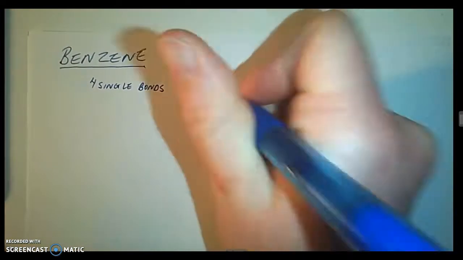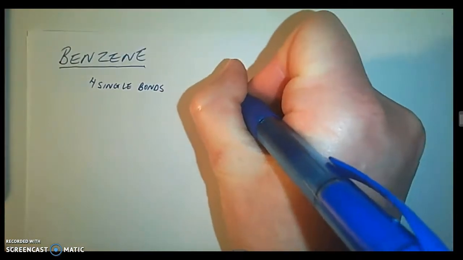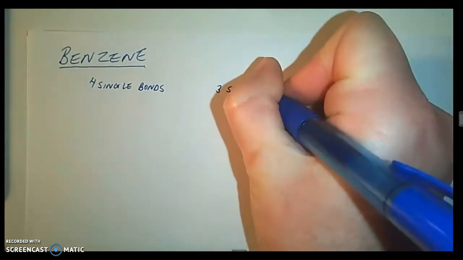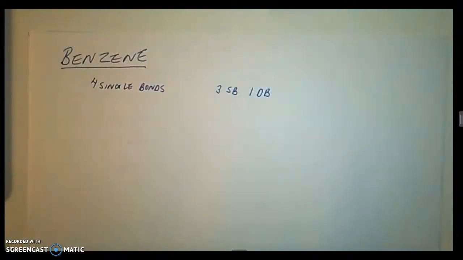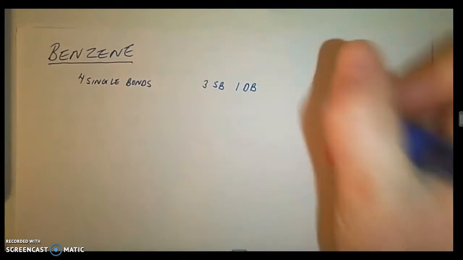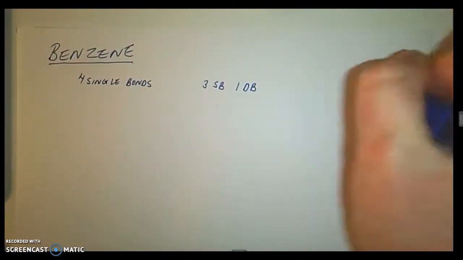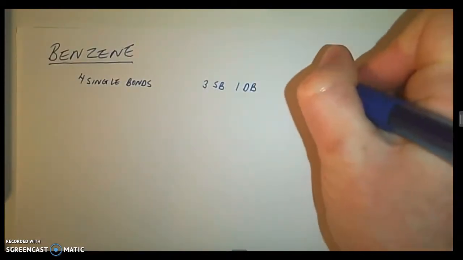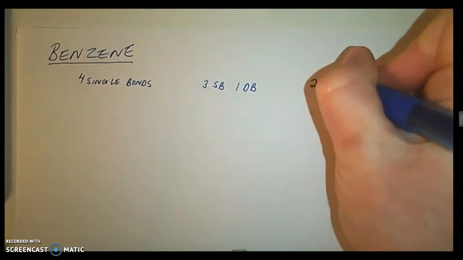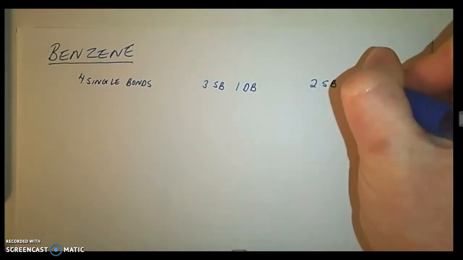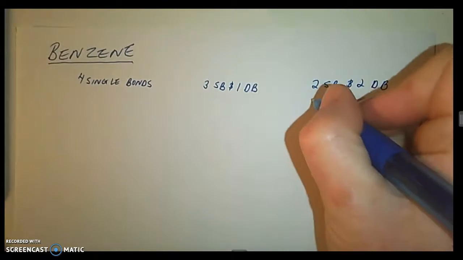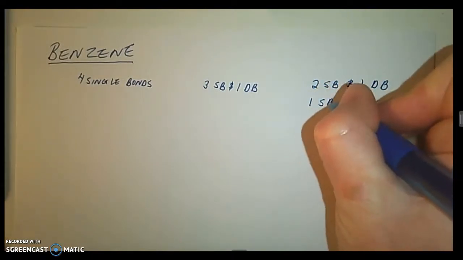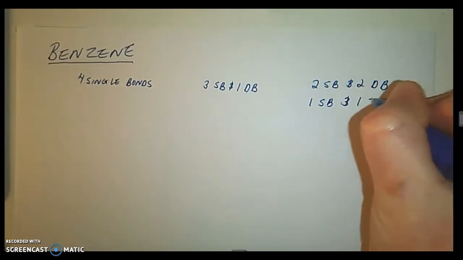We've got this situation with 3 single bonds and 1 double bond. And then we've got 2 situations that lead to the last one. We've got 2 double bonds, or we've got 1 single bond and 1 triple bond.